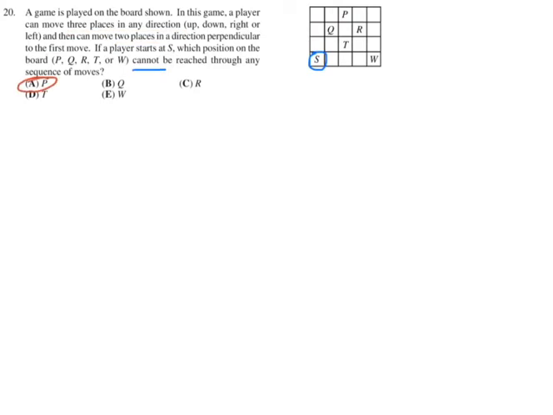So P is possible. Now let's go in another direction. Let's go from S 3 places to the right. 1, 2, 3, like that. And then, just like the question says, 2 places in a direction perpendicular to the first move. Going upward, we would reach R. So R is possible.